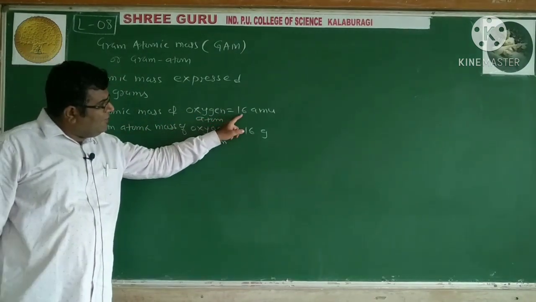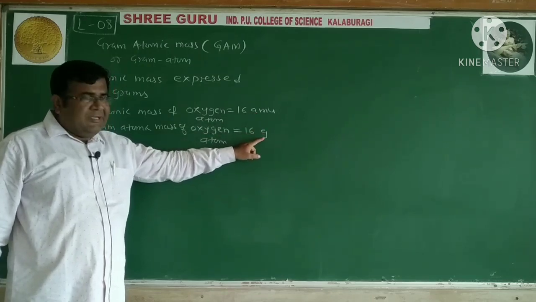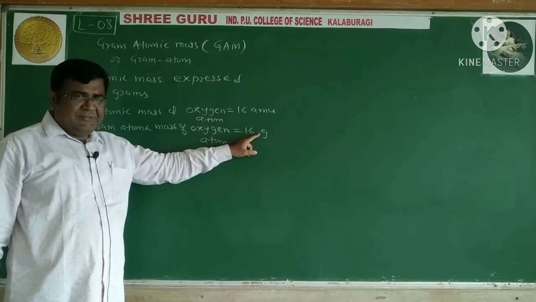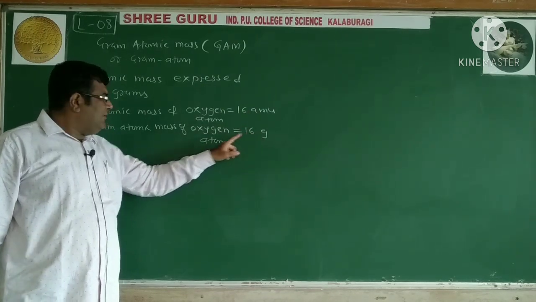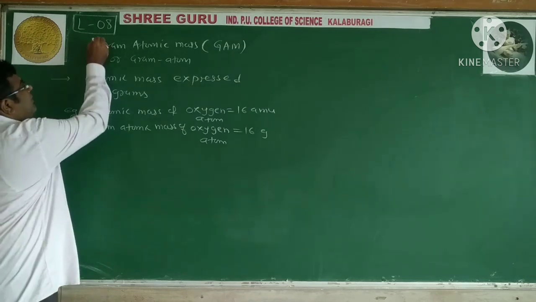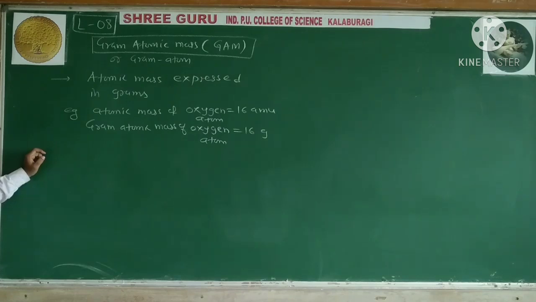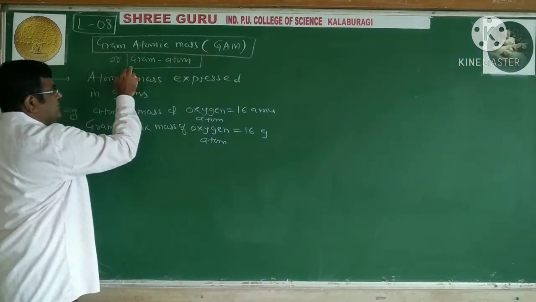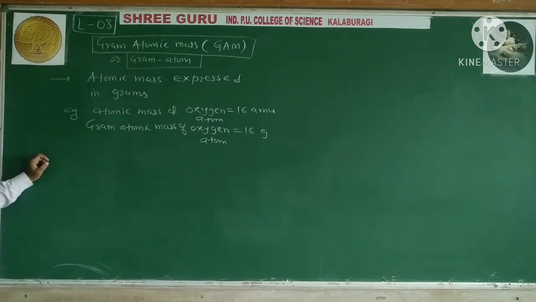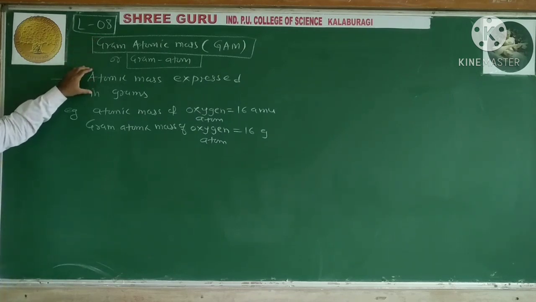So we have taken the same number, and this AMU we are writing as gram, and when we do that, it is nothing but atomic mass expressed in gram, and that is called gram atomic mass, also abbreviated as GAM or called gram atom. One gram atom means one gram atomic mass. So gram atomic mass is nothing but atomic mass expressed in gram.